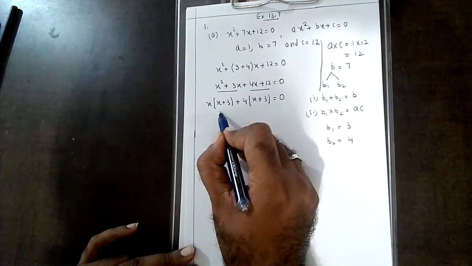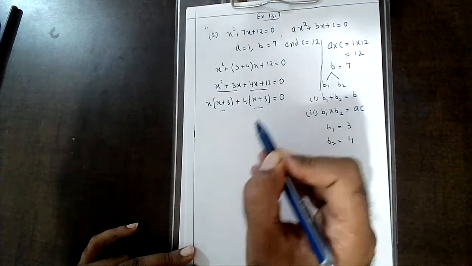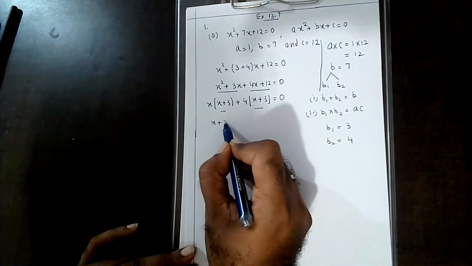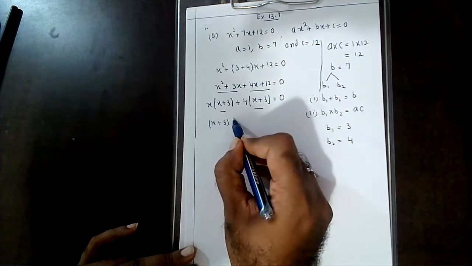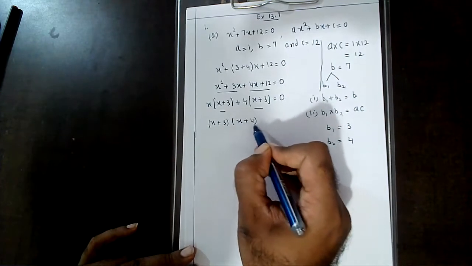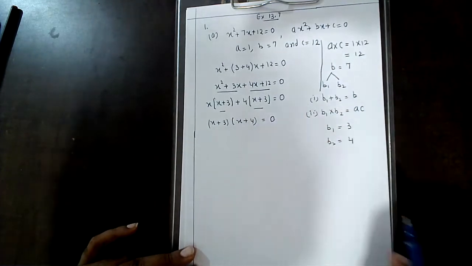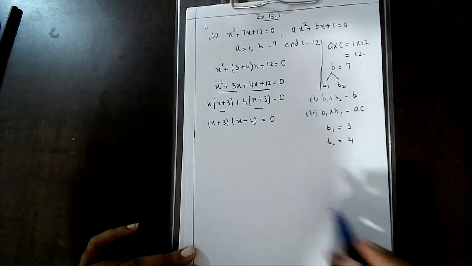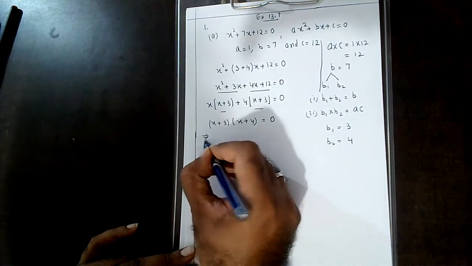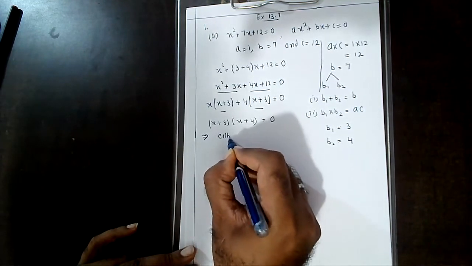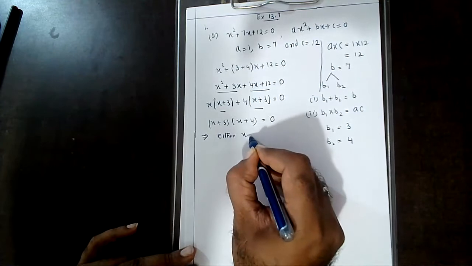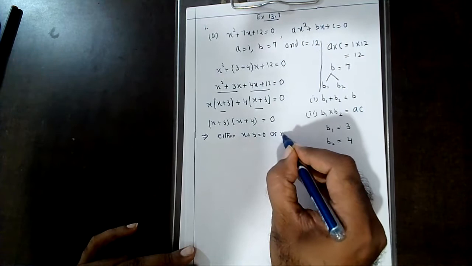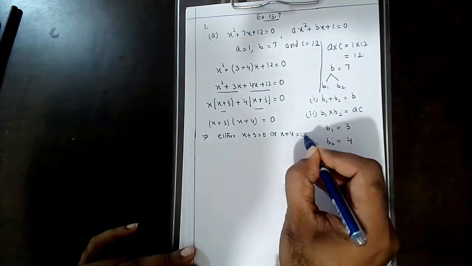Now we will take this term x plus 3 as common. We will write x plus 3 into x plus 4 is equal to 0. Okay. This implies either x plus 3 is equal to 0 or x plus 4 is equal to 0.